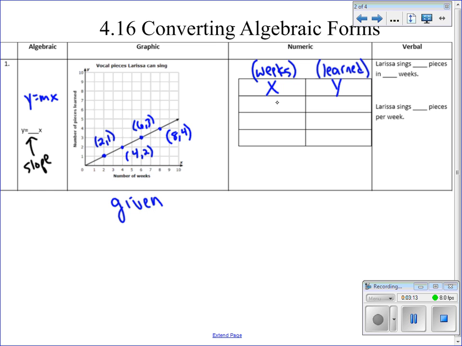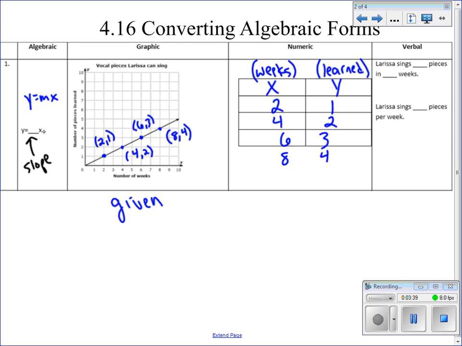So we can use these points to tell us 2, 1, because our x value in this first point is 2, our y value is 1. The x value in the second point is 4, 2. The x value is 6 in our third point, 3. And if we wanted to make one more, we could overachieve here and put 8, 4.